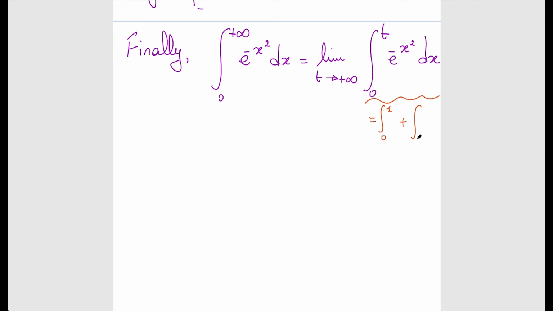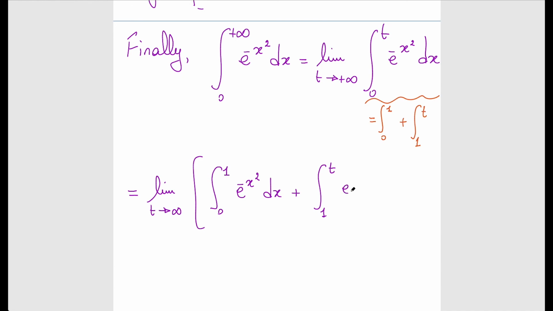Plus the integral from 1 to t, correct? So you get, this is equal to the limit of t goes to plus infinity of the integral from 0 to 1 e to power minus x squared dx, plus the integral from 1 to t e to power negative x squared dx, correct? So this is the orange part.